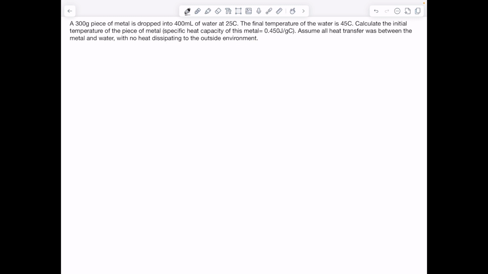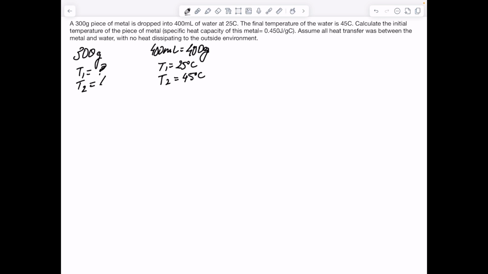So let's start with our givens and how we're going to get to our missing variable. So we have 300 grams of the metal. We also have 400 milliliters of the water, which is equivalent here to 400 grams. We also have our T initial and T final, or T2. What we don't have is that initial temperature of the metal.